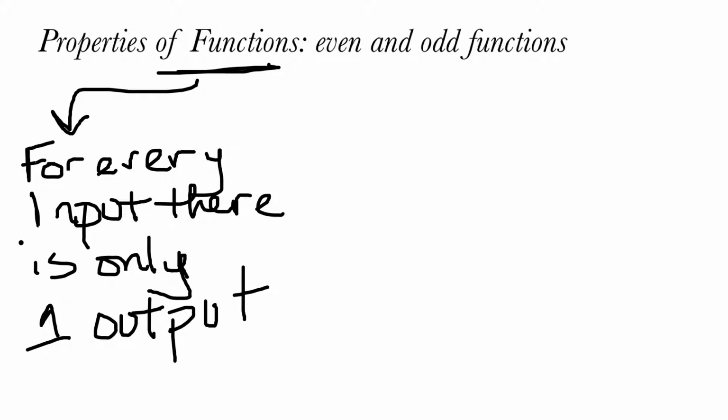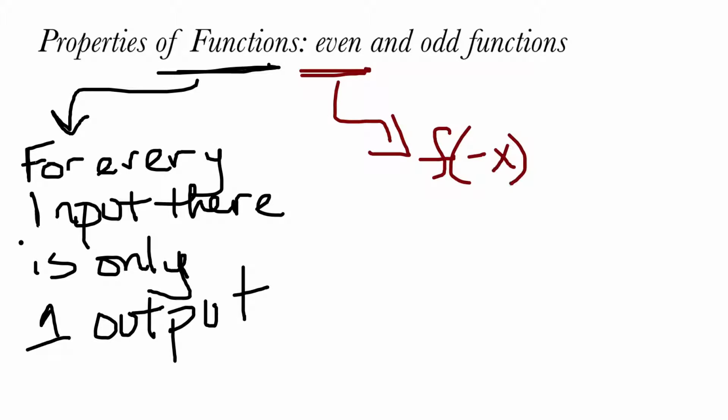Well, there are certain machines, per se, that are what we call even. An even one is going to look like where f of negative x is equal to f of x. Now you're probably thinking, well, that doesn't make a lick of sense.